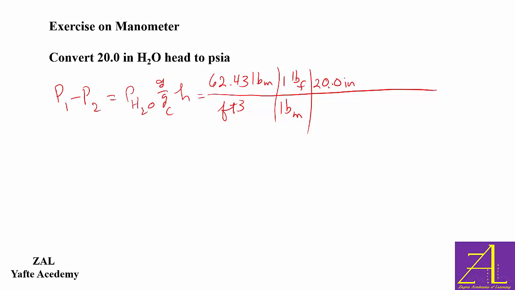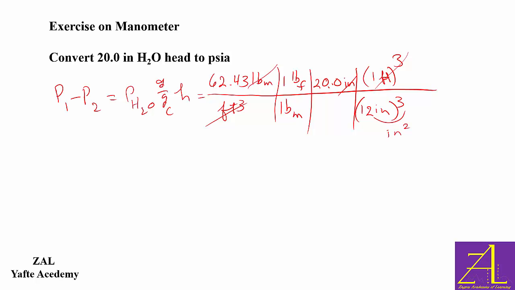But I have foot and inch, I have to convert. So here I will have 1 foot cube to 12 inches cube. This foot will cancel out, one of these inches will cancel out one of these inches, and we will be left by inch square.